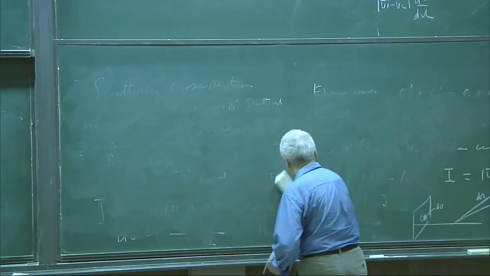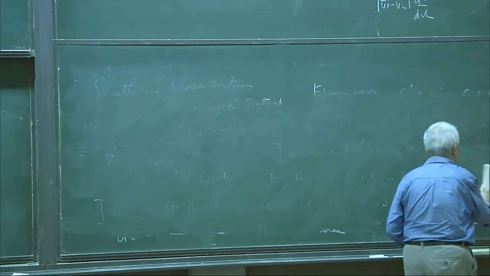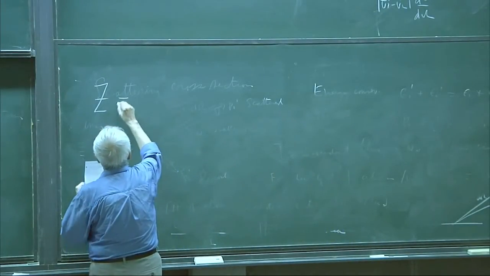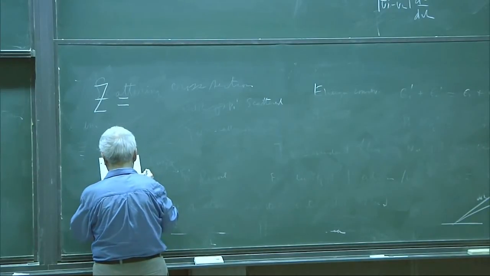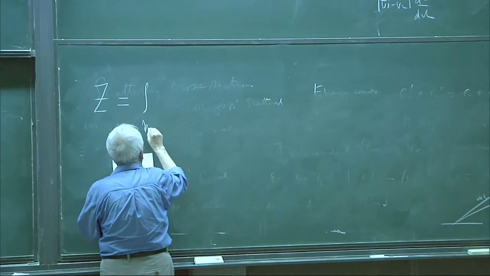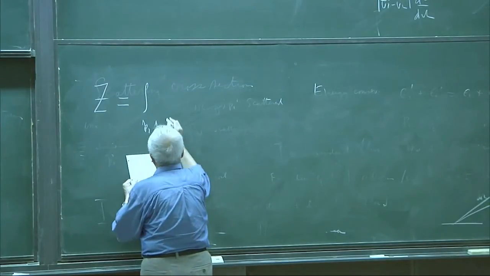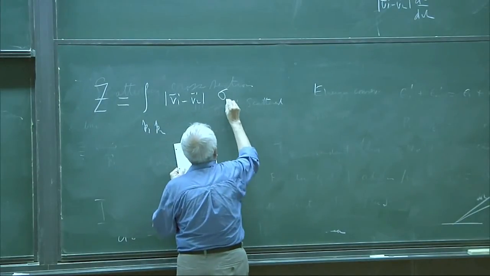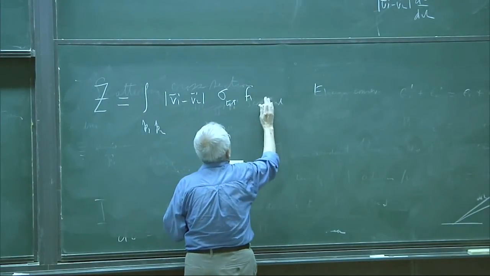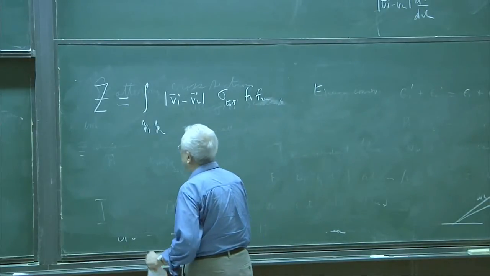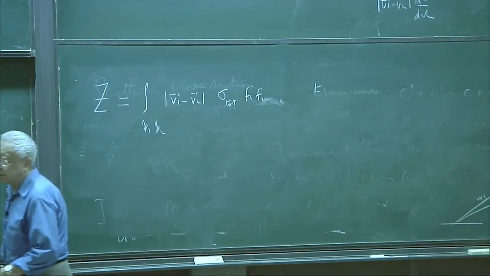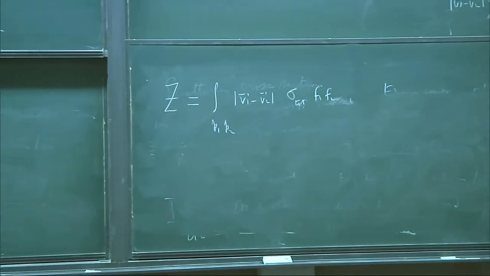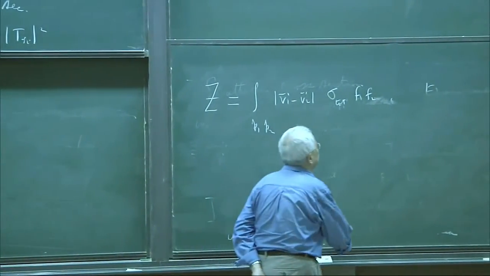And from the expression that we derived earlier, Z is equal to the integral over p1 p2 of v1 minus v2 times the total cross-section times f1 times f2. And that's very simple, especially if you assume that the total cross-section is independent of momentum, which is not exactly true, but it's a good approximation.